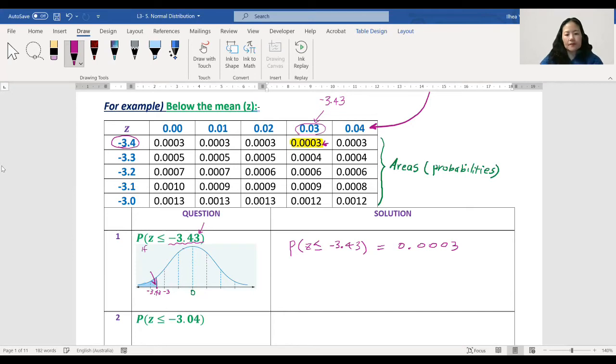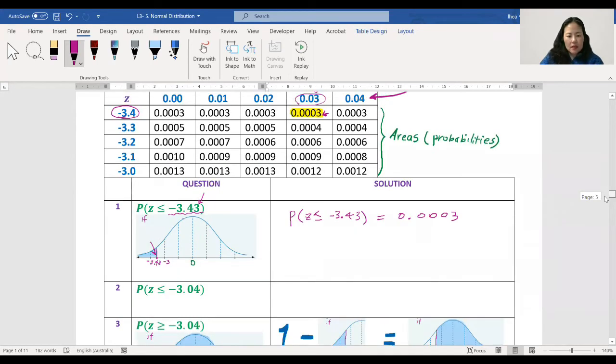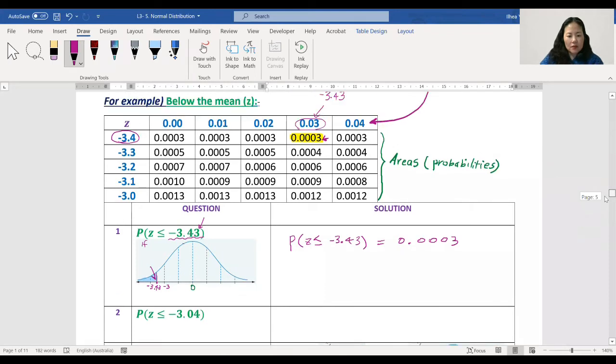Let's have a look at the second one. It says z is less than or equal to minus 3.04. So I'm going to go to here first. It's always down here, vertical first. We're looking at minus 3.0, and then my second decimal place is 4.